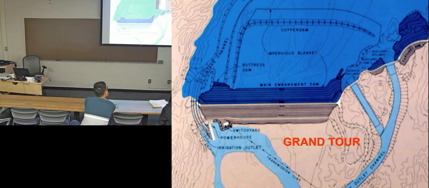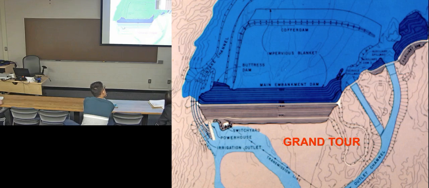The service spillway can handle maximum flow 600,000 cubic feet per second. And the auxiliary spillway, 850,000 cubic feet per second. That's a lot of water. But sometimes they need to spill it because of the snow melt in June in the Himalayan mountains.